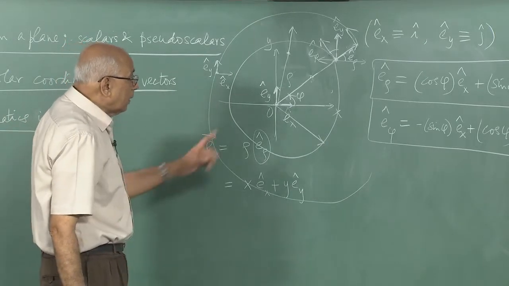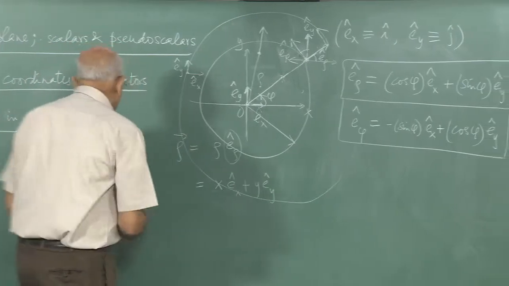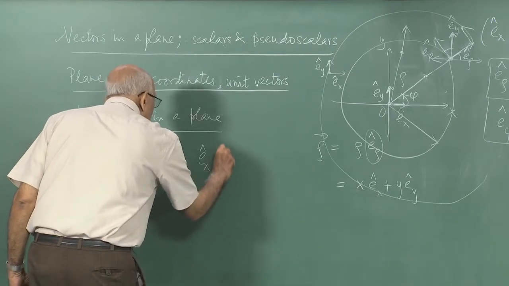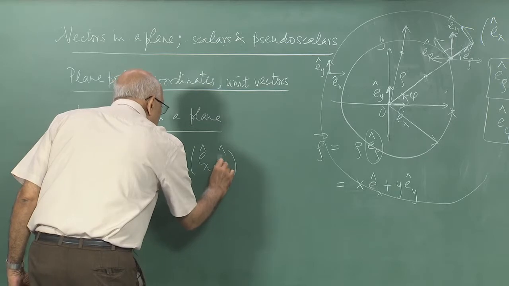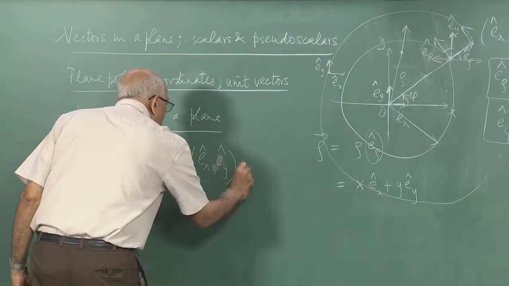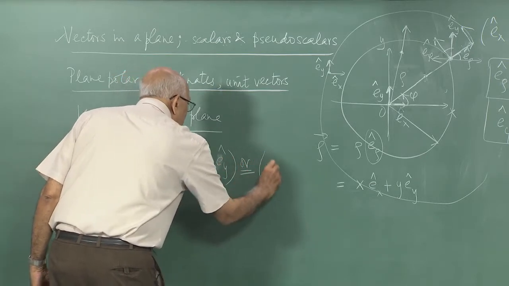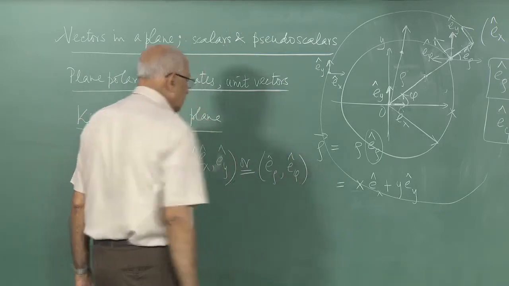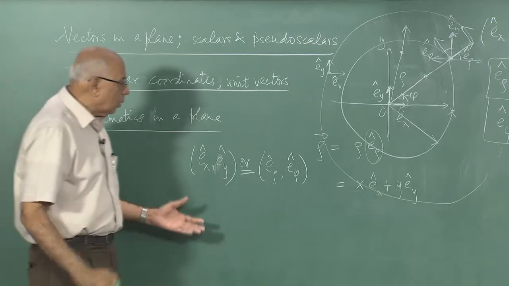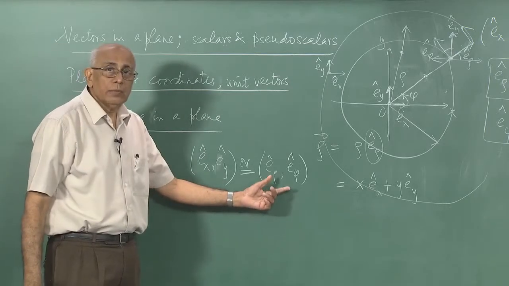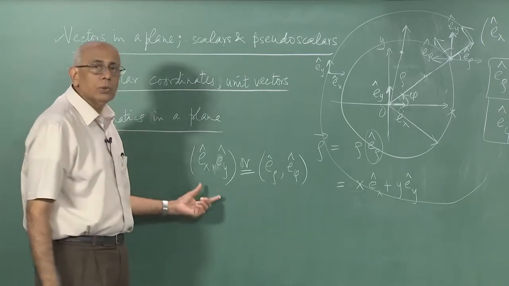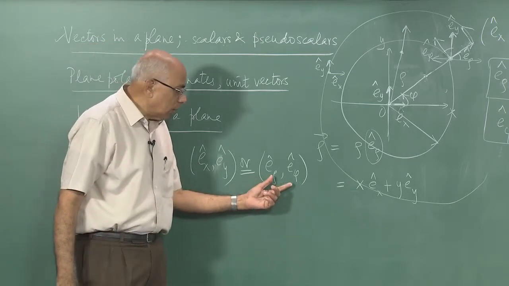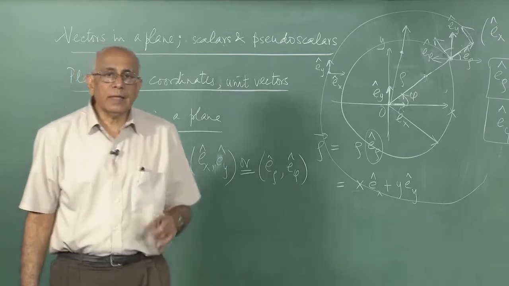We have a unit vector system Ex, Ey, and we can use these formulas, or E rho and E phi. When we work in plane polar coordinates, you should use these unit vectors, and in Cartesian coordinates you use these vectors, with the important difference that these two unit vectors will depend on the azimuthal angle.